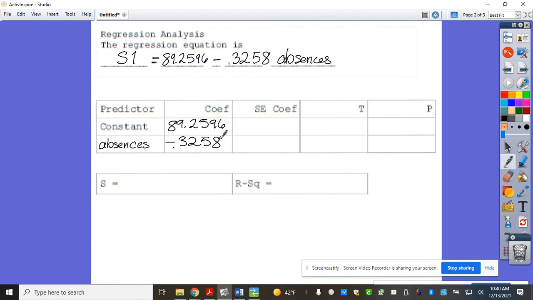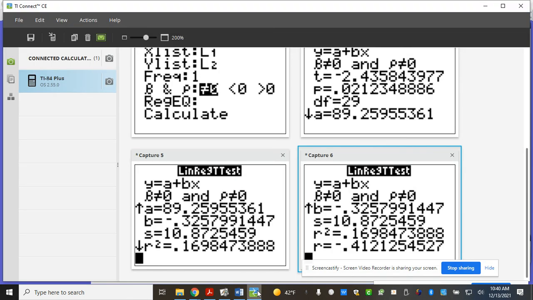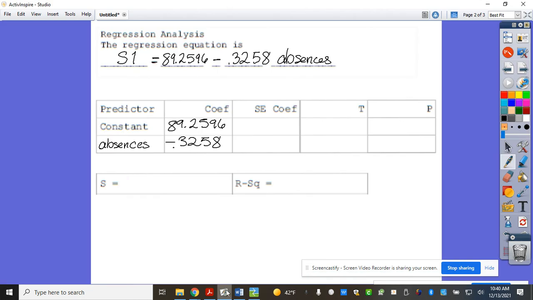Our calculator output actually gave us S, which was 10.8725. What is your explanation for the standard deviation?